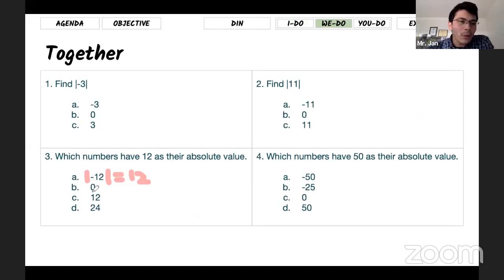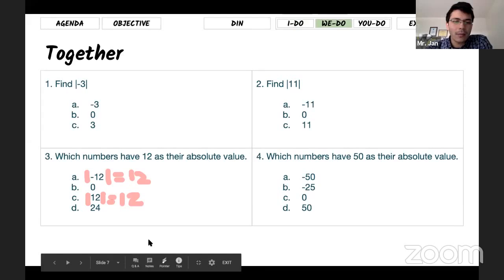And the absolute value of 0, is it 12? Not really, because it's going to become 0 again. Most of you said it's 12. Yes, you're right. The absolute value of 12 is 12. And obviously the last one, the absolute value of 24, will be 24. So it's not 12. So the correct answers are A and C.